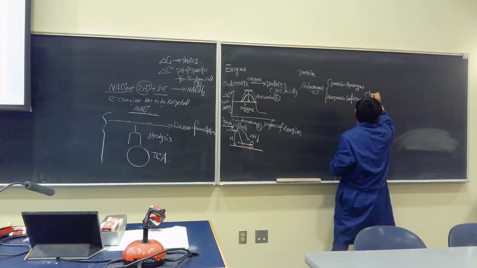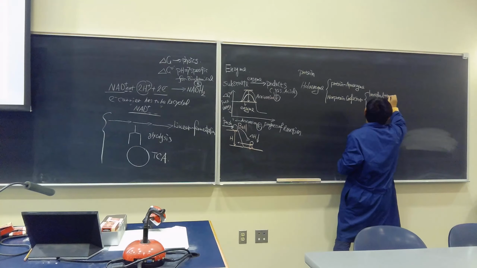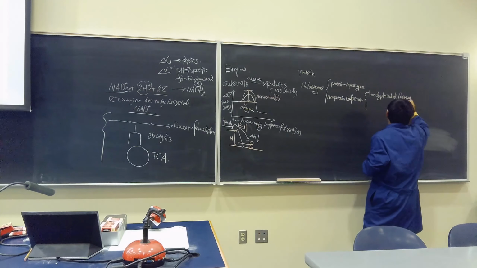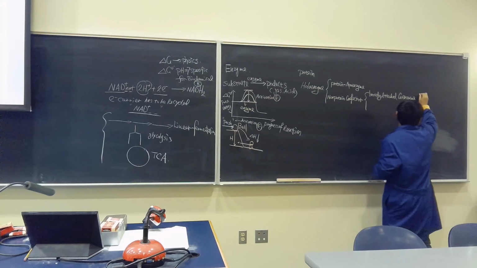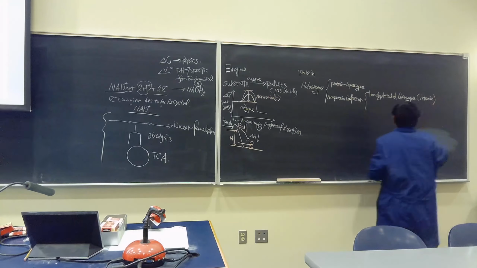This cofactor could be separated into two categories. If it is loosely attached, we call it a coenzyme. And most of the time, the coenzyme is a vitamin, of different types.